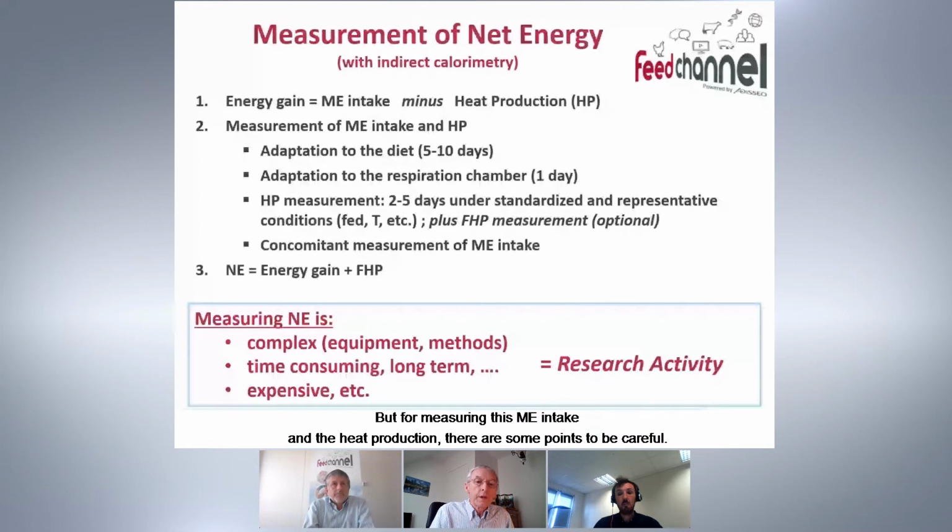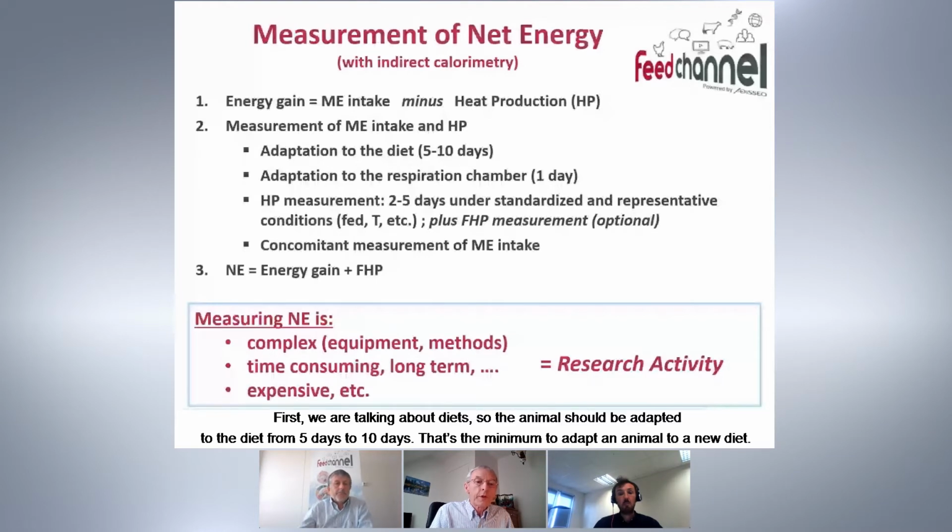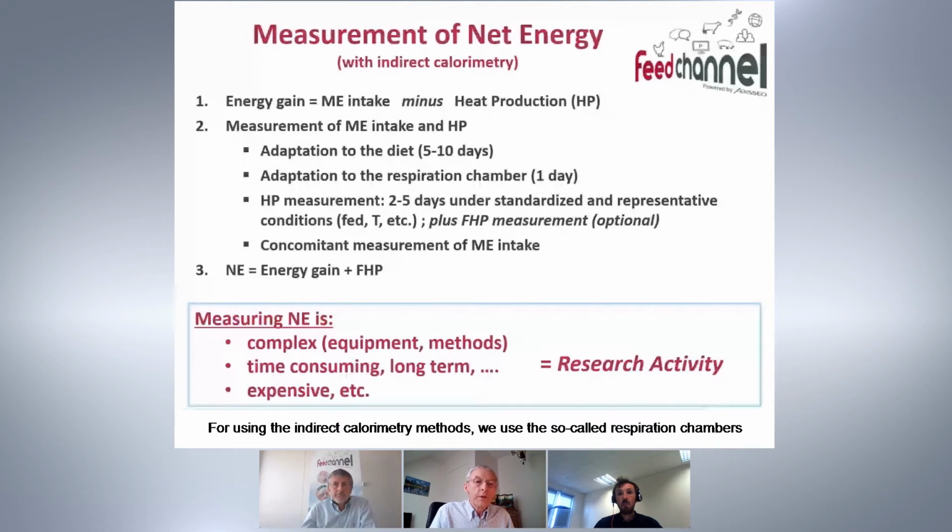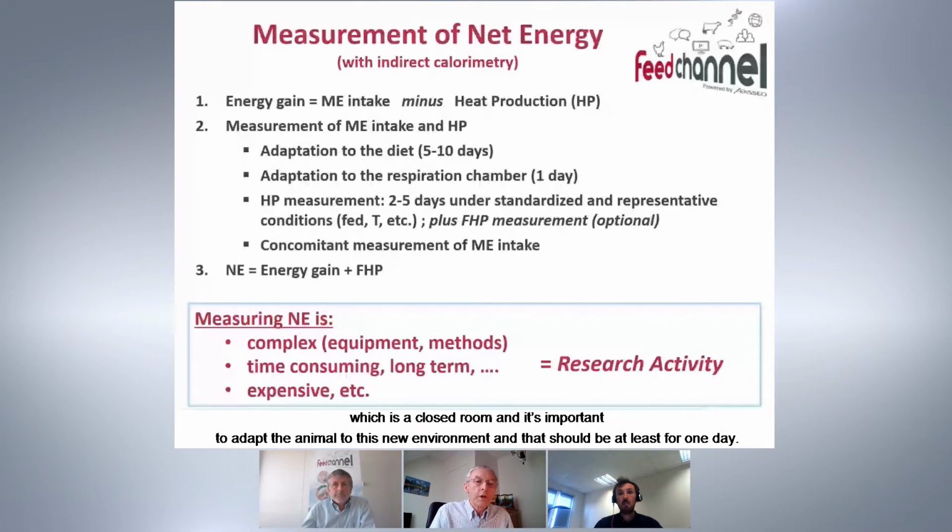But for measuring this ME intake and this heat production, there are some points to be careful about. First, the animal should be adapted to the diet. I have put 5 to 10 days, and I think that's a minimum. For indirect calorimetry we use so-called respiration chambers, which are closed rooms, and it's important to adapt the animal to this new environment for at least 1 day.